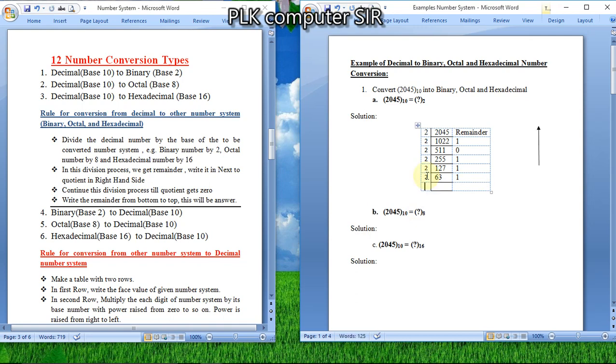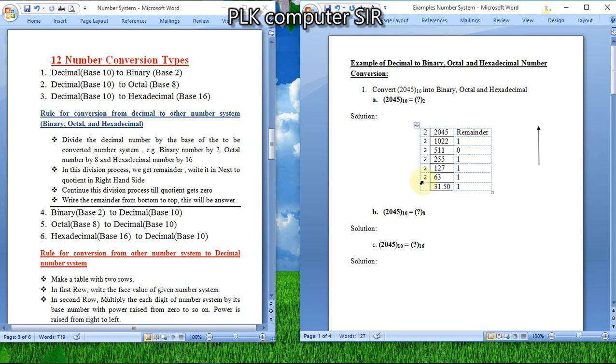63 divided by 2, the answer is 31.5. How to get the remainder? What is the upper value here? 63 minus 2 into 31. If you calculate, the answer will come 1.